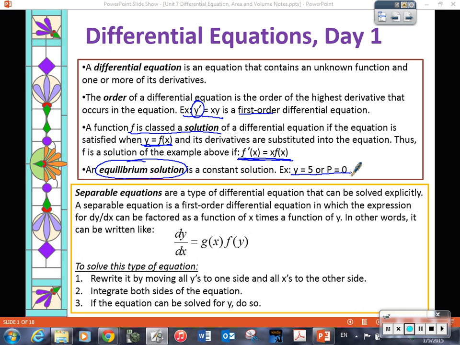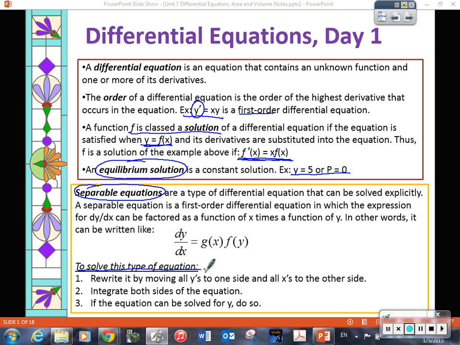Separable differential equations. That is a technique for solving differential equations. What that means is we can separate the variables. We can get the x's on one side and the y's on the other. If you have a separable differential equation, these are the steps that you take to solve it.